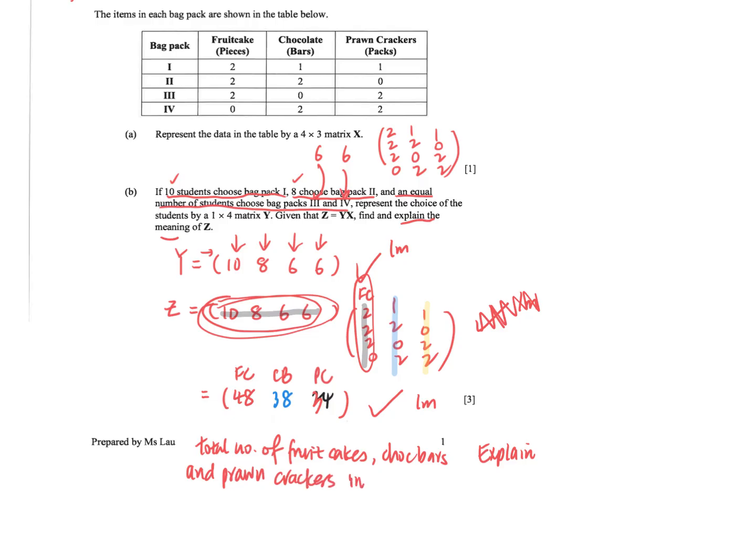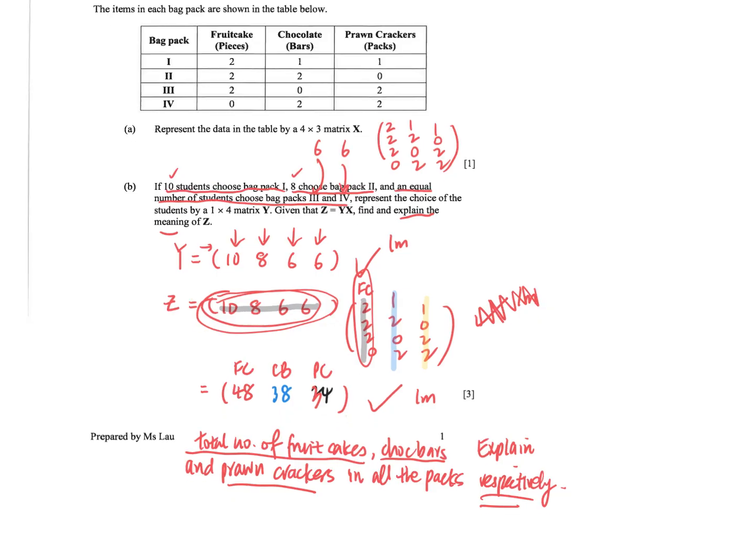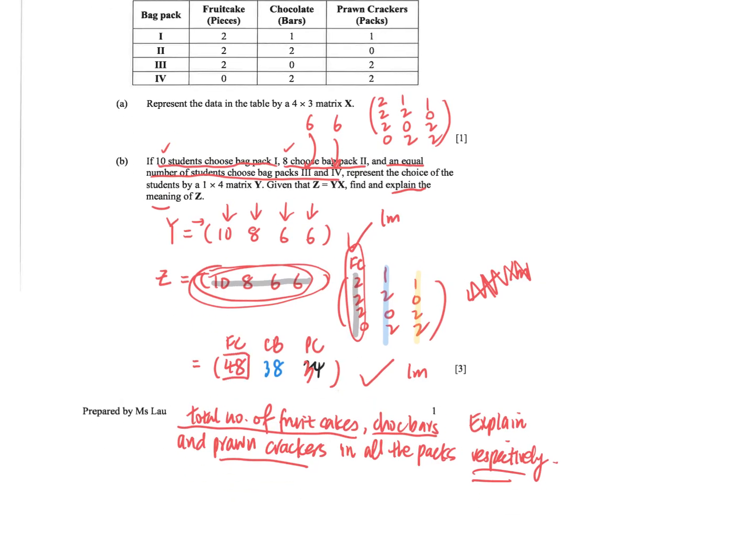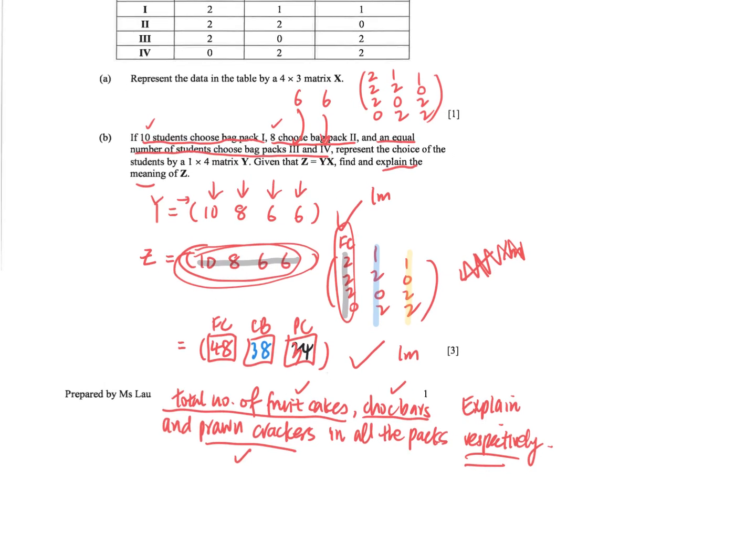Okay, in all the bags or in all the packs respectively. So I need to see this and you knowing there is total number of fruitcakes, chocolate bars and prawn crackers. Because there's 3 entries here, you need to explain to me what these 3 entries are. So the first one is for fruitcake, second one is for chocolate bar and third one is for prawn crackers. So matrices is particular in terms of your explanation.